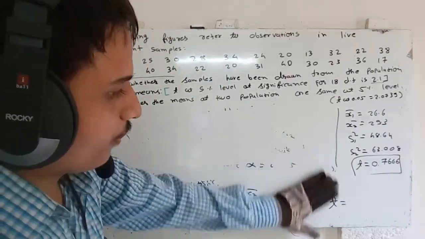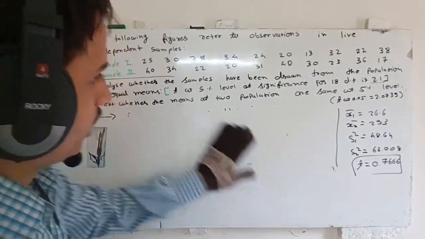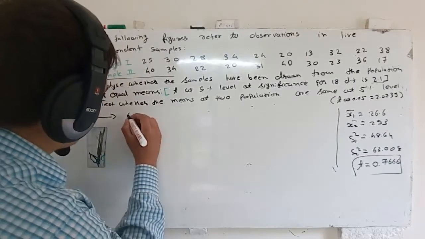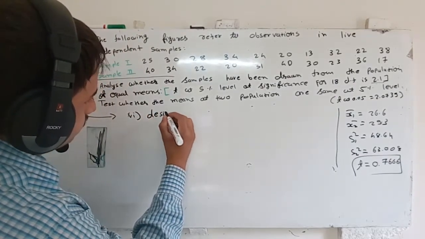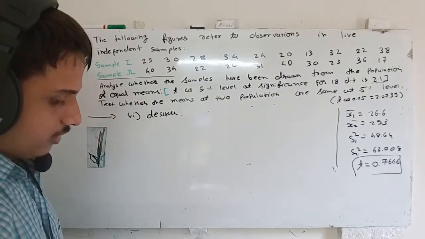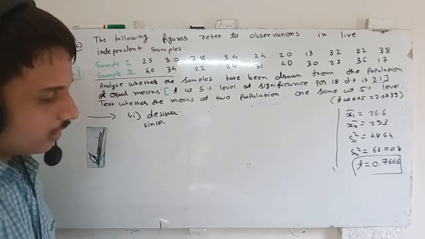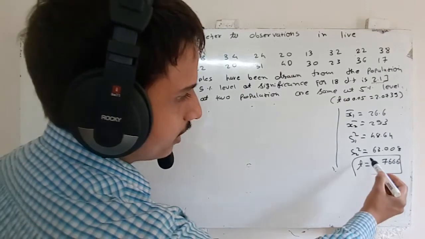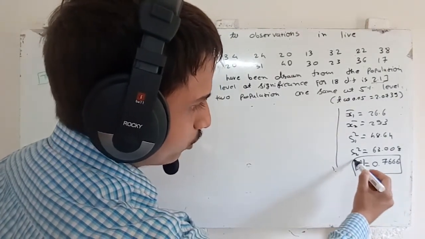Now we will write our final step, that is the comparison of the two t values. So in the final step, that is the decision step, now guys, if you calculate the t value, you will get a negative value, but you have to always take the positive value, so you have to write mod here.